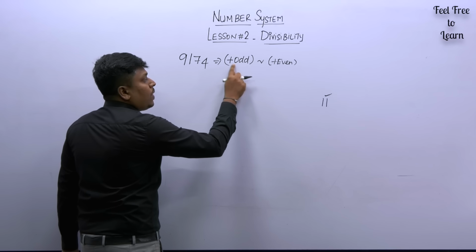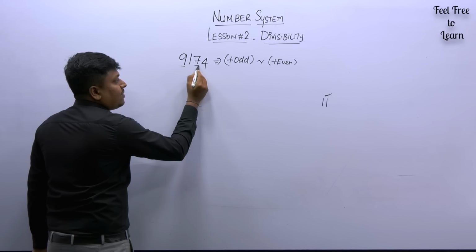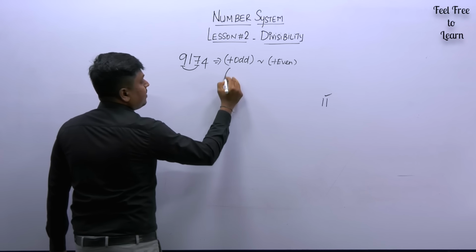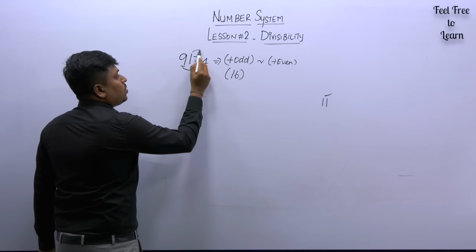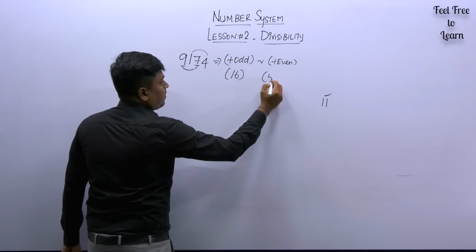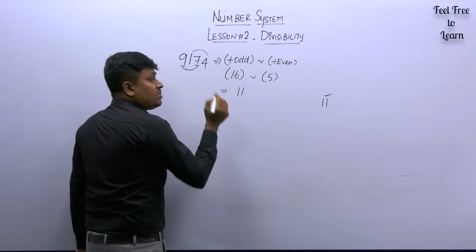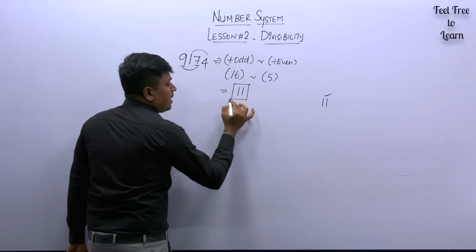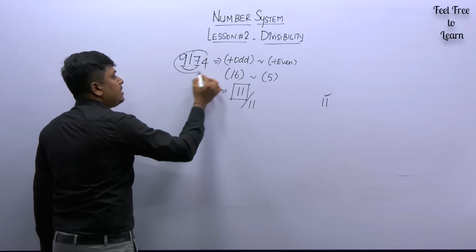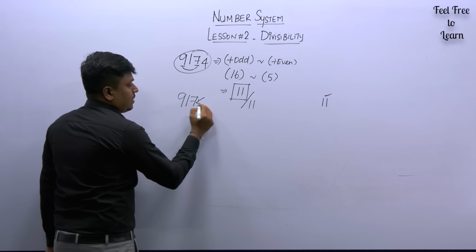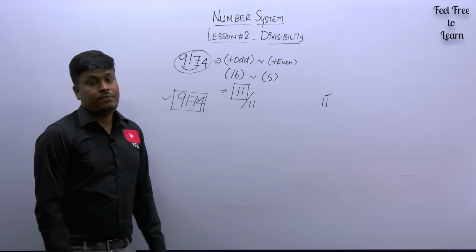So add the odd digits: 9 and 7 is 16. Now add the even digits: 1 and 4 is 5. Now find the difference. 16 minus 5 will be 11. Now check whether 11 is divisible by 11 or not. Yes, it is divisible. So finally we can say that this complete number 9174 will be divisible by 11. Got it? So this is the divisibility rule of 11.